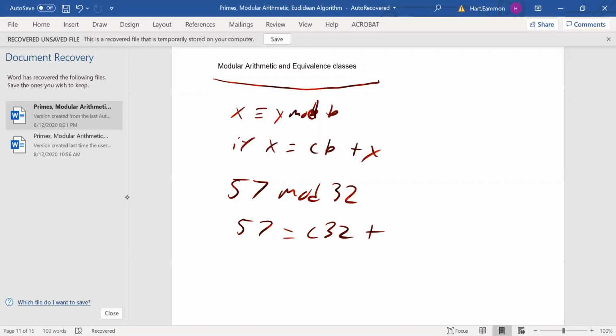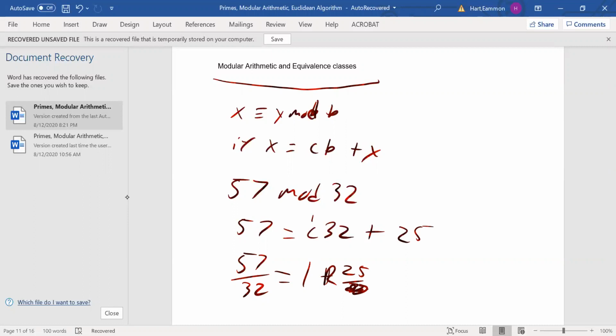So we would do 57 divided by 32. That's going to be equal to 1 plus 25 over 32. So this is 1 remainder 25, and this c is 1.